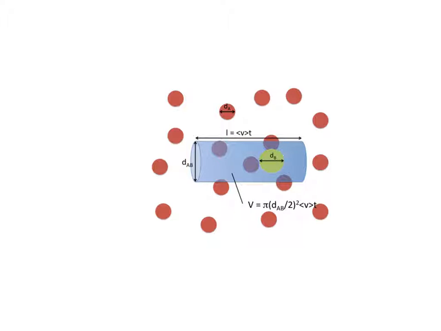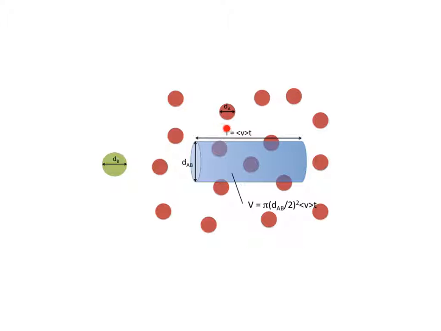Notice that the B molecule will also collide with any other A molecule that is in the cylinder. So if I can count the number of A molecules in the cylinder, then I can count the number of collisions that have occurred when the B molecule traverses the length of the cylinder.